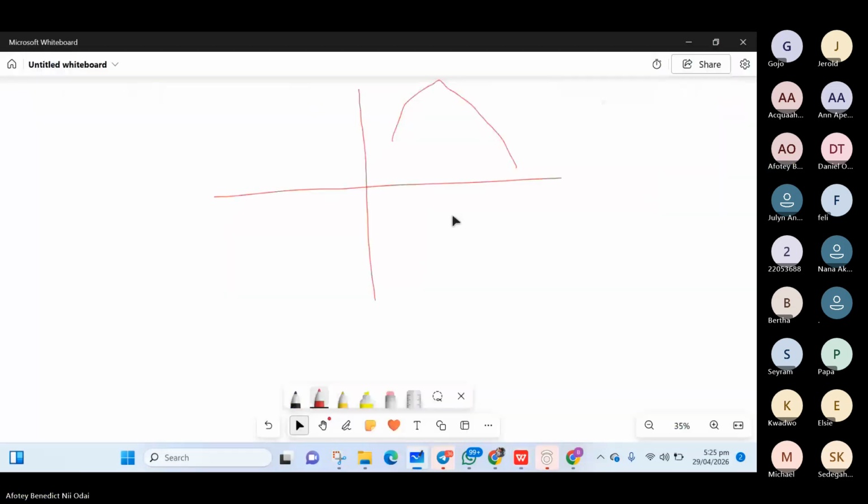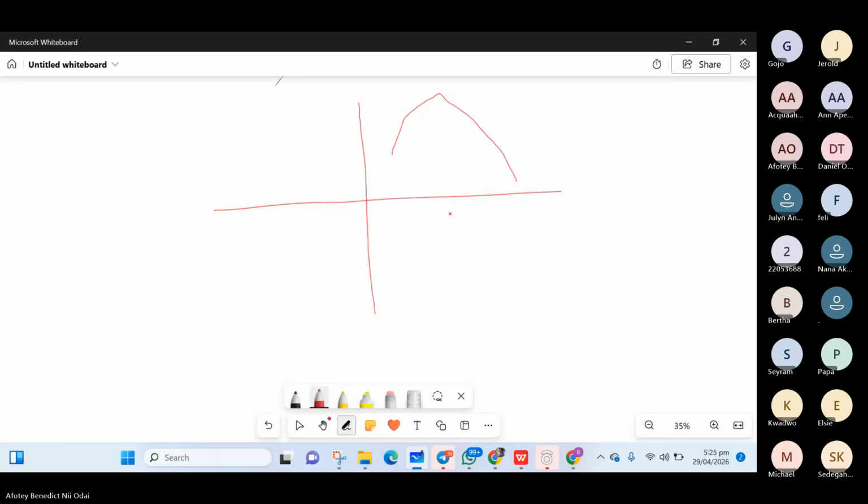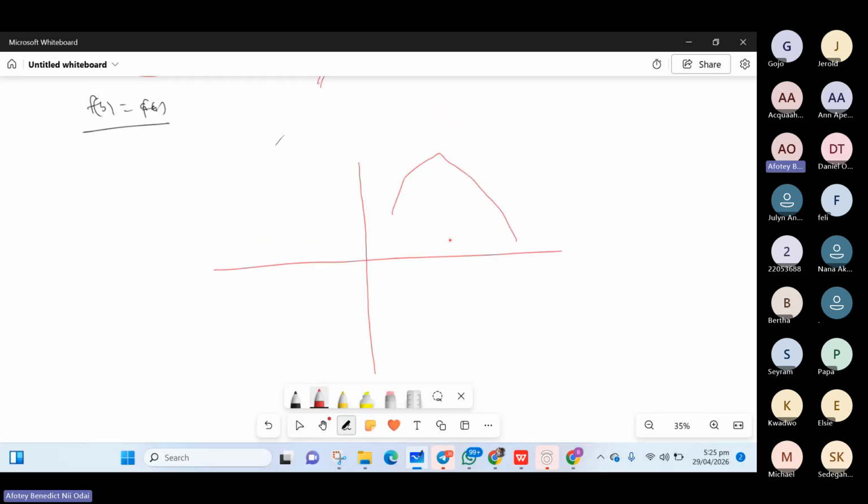Let me use my black pen. We have this horizontal line passing here, and we have this horizontal line as well. Now let's map this onto our graph.